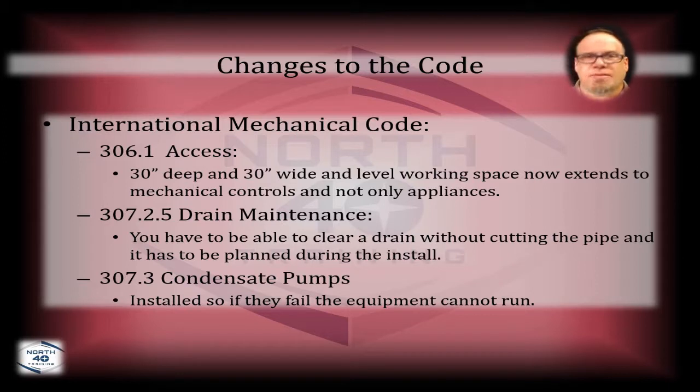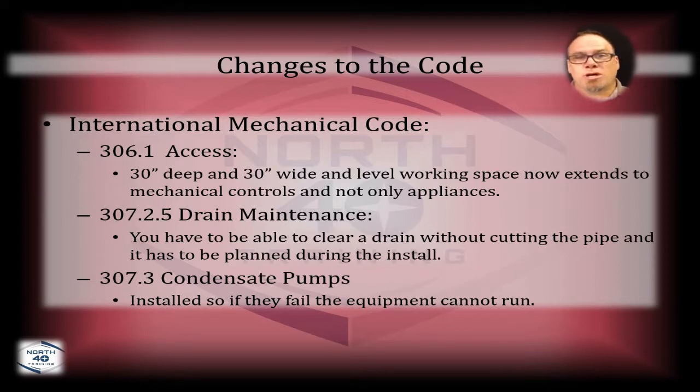307.2.5 talks about drain maintenance. And I'll tell you, you're probably going to be just like me. I never thought that I'd be around long enough to see us complicate the HVAC drains like we have. Okay, so 307.2.5 talks about drain maintenance, and our drain maintenance in the past has always been, well, we pour some bleach down the drain, or we'll use one of those tools with the CO2 and we'll blow through it.